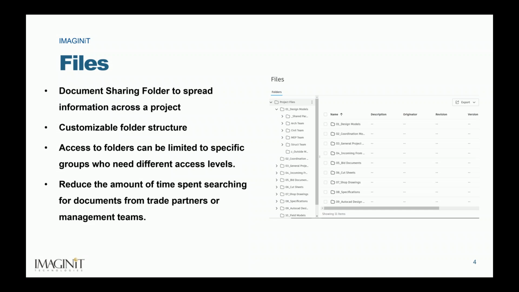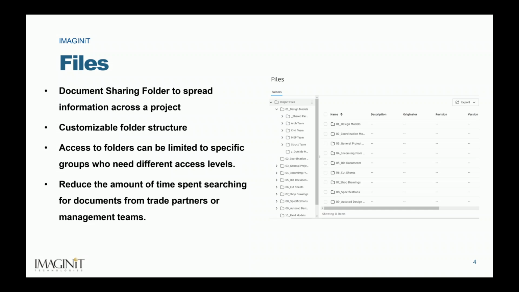Everything is clearly separated by folder and subfolder, and let's say that you don't want a specific subcontractor to have access to each and every folder within the design models, the 0-1 design models. Docs allows you to assign permissions based on roles, individual members, or by company. So it is very easy to limit the amount of information or files that certain trade partners have access to.